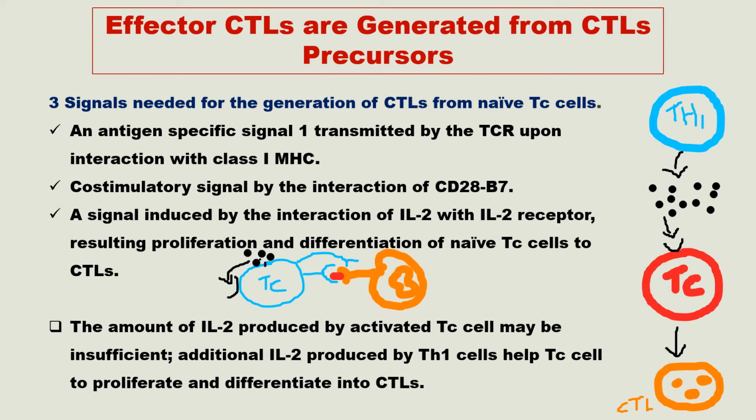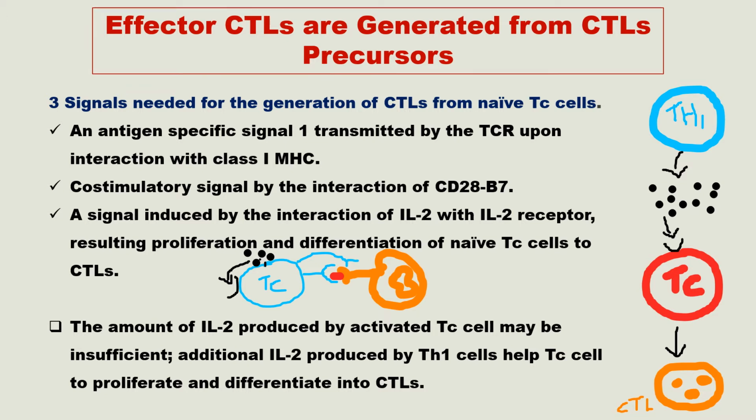Effector cytotoxic T lymphocytes are generated from cytotoxic T lymphocyte precursors. The other name of cytotoxic T lymphocyte precursor is naive TC cell. So these effector cytotoxic T cells are generated from naive TC cells, and that needs three signals for activation and proliferation.